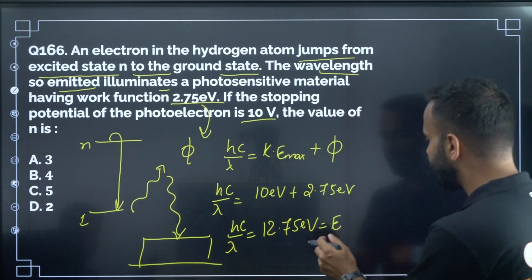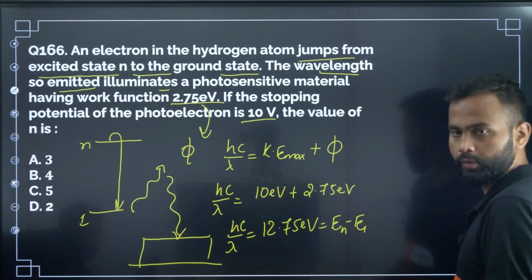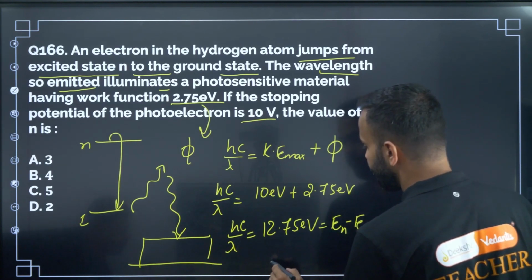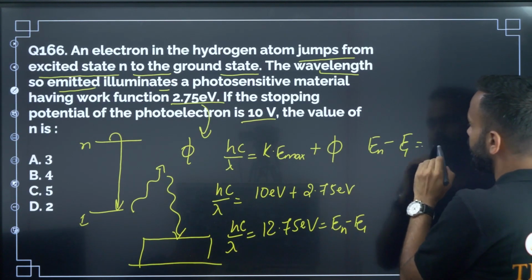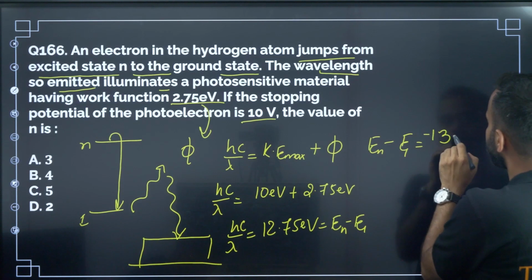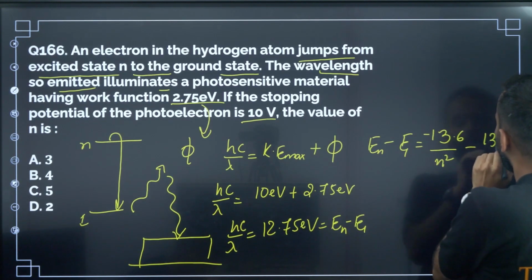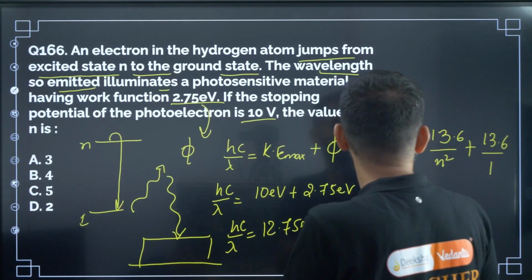We can also write this as En minus E1. So En minus E1 is equal to minus 13.6 divided by n square, minus of minus 13.6 divided by 1. How did we get this equation?